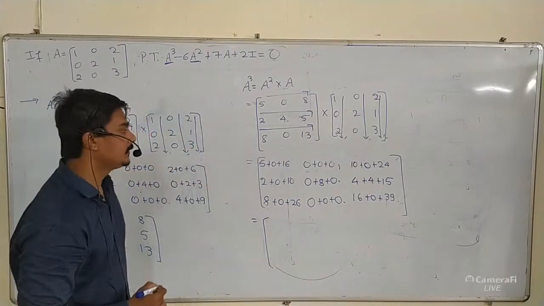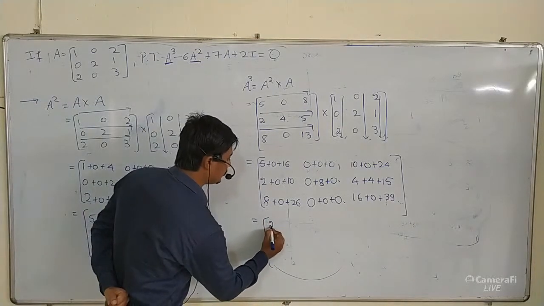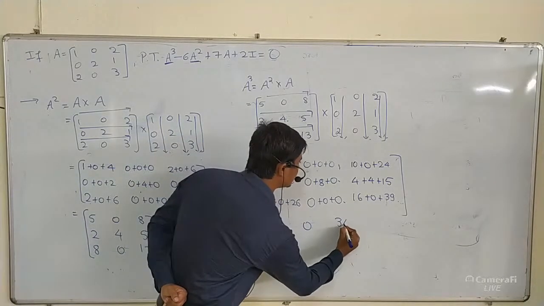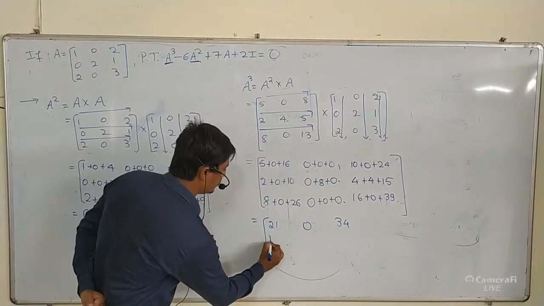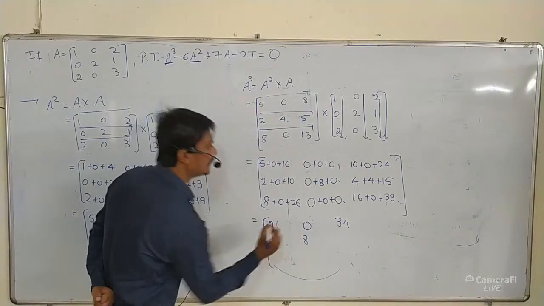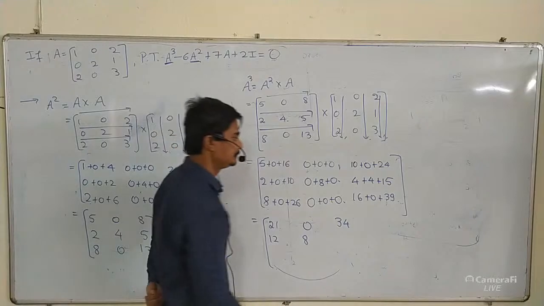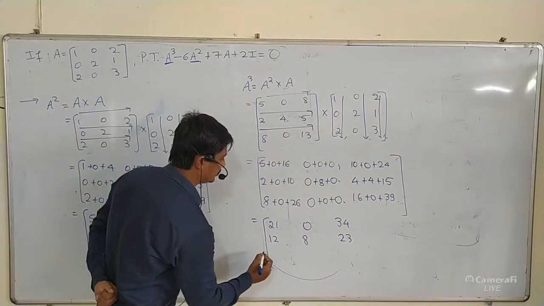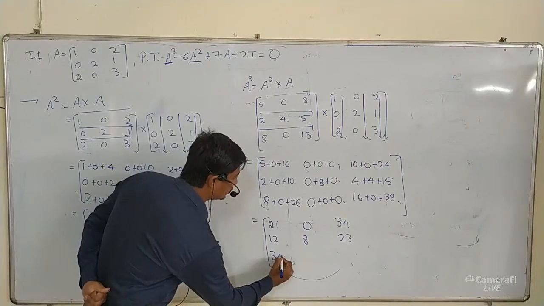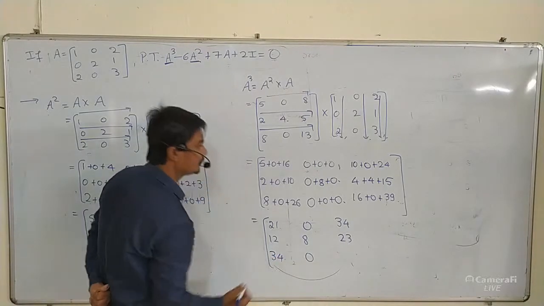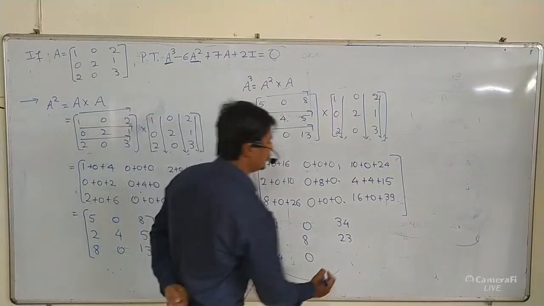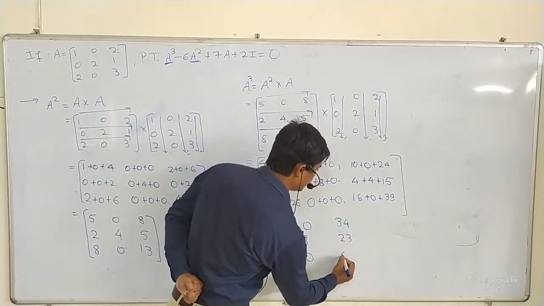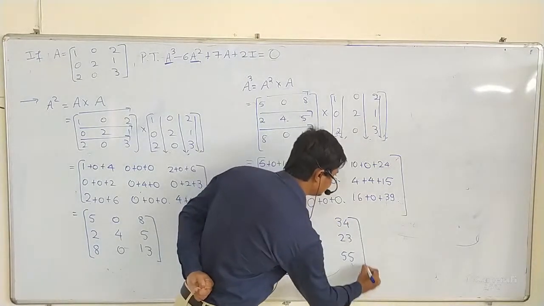So what is 5 plus 16? This is 21, 0, 34, 12, 8, 23, 34, 0, 55.